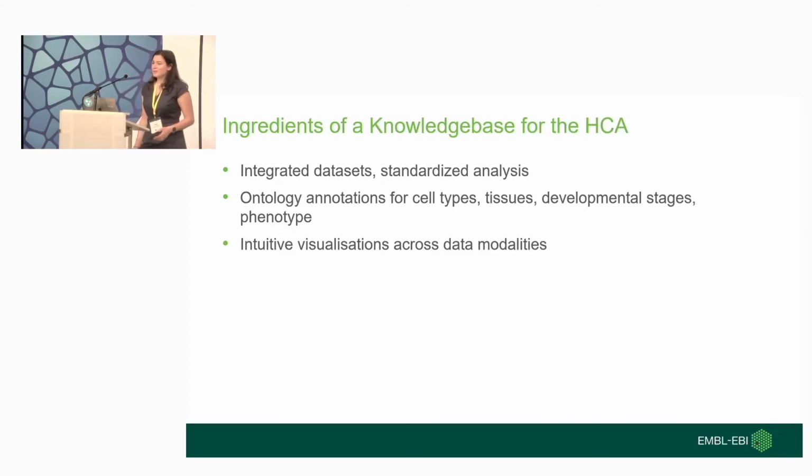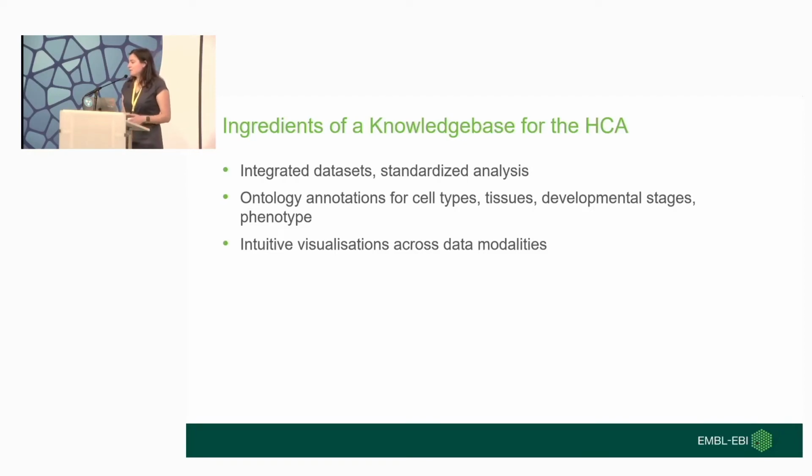So what are the ingredients of developing a knowledge base for the HCA? Obviously it's a lot of work, because we need all these integrated data sets and the standardized analysis. It's not easy to combine all these data sets and be able to ask the question, where is my gene expressed, in which cell types, in which part of the body, and also visualize it in an intuitive way.